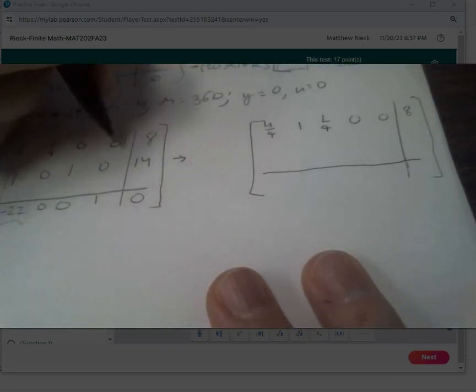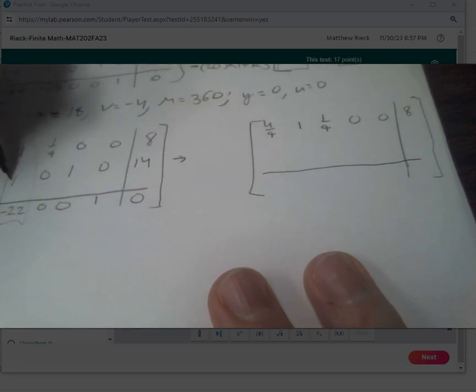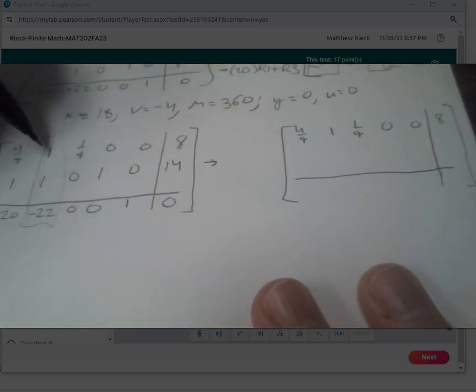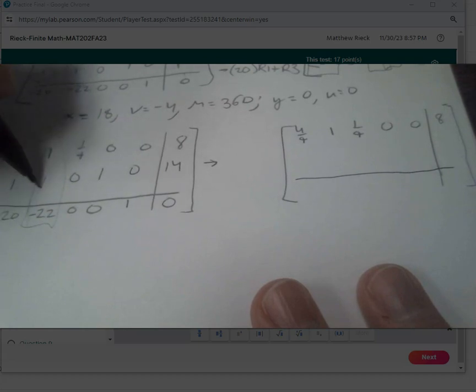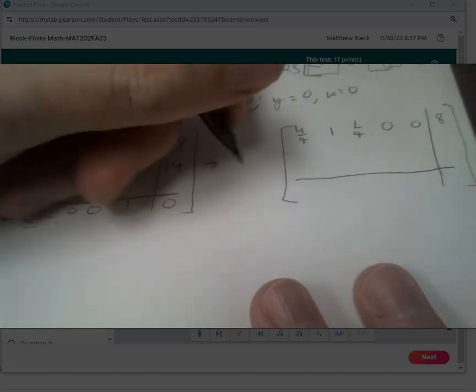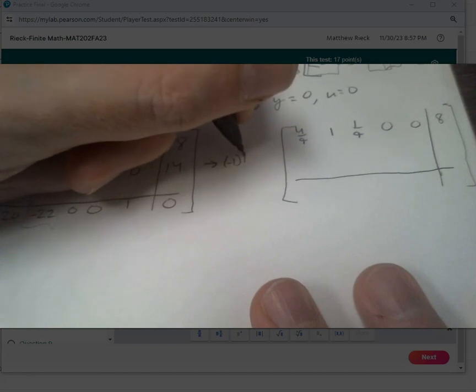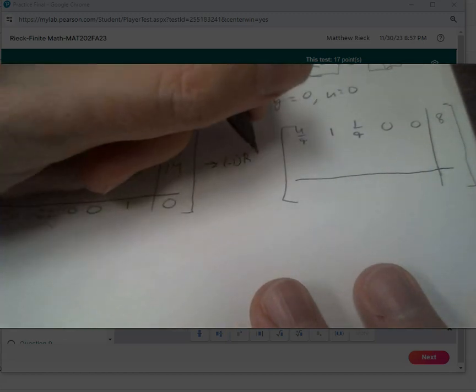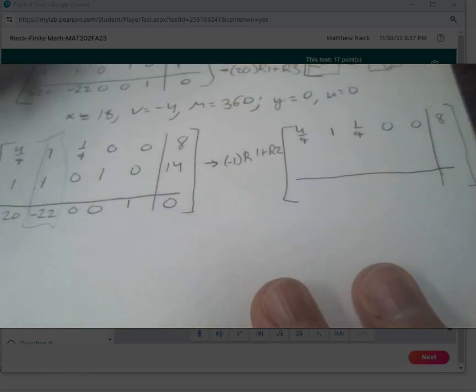We want to get a 0 in this entry here. So again, I'm asking myself, what do I need to multiply this number by so that when I add it to this number, I get 0. So in this case, that's -1. So we have -1 times row 1 plus row 2.